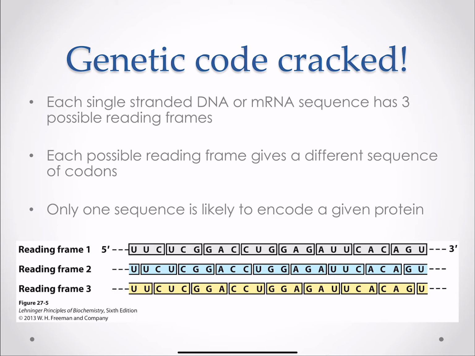So the genetic code is basically going to translate the message from our DNA that was packaged into our messenger RNA into something useful that your cells can use. And so with respect to protein synthesis, there were three major advances.